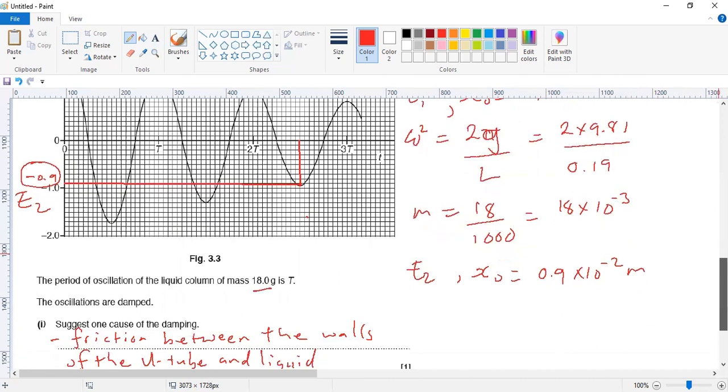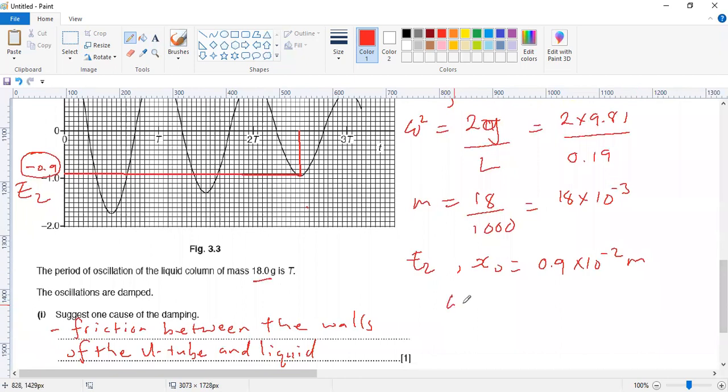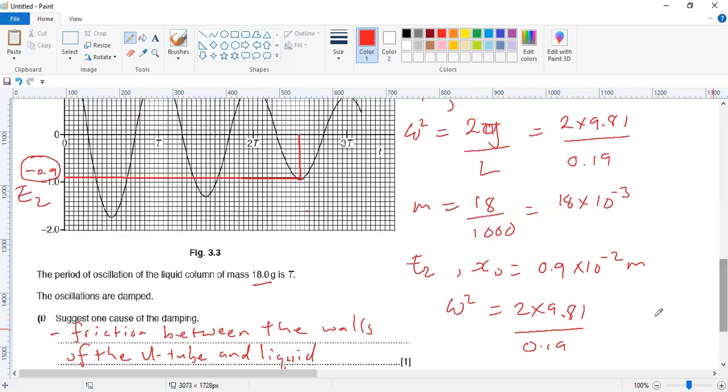Okay. Omega squared, the period is the same throughout, so it's the same. So it's 2 times 9.81 over 0.19. M, the mass, is 18 times 10 to the power minus 3, which is the same thing.